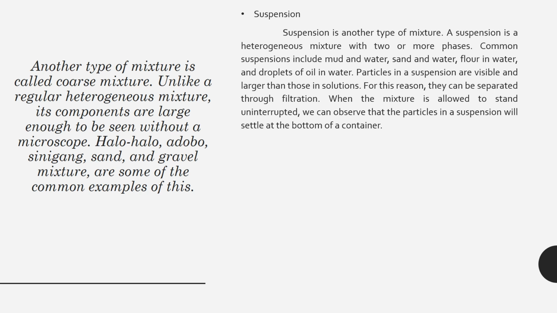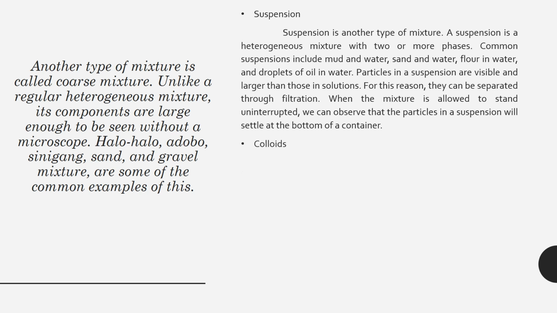Particles in a suspension are visible and larger than those in solutions. For this reason, they can be separated through filtration. When the mixture is allowed to stand uninterrupted, we can observe that the particles in a suspension will settle at the bottom of a container.